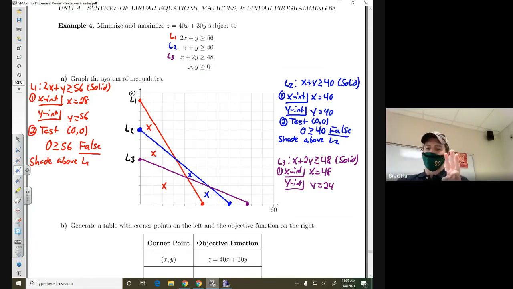So now we're left with two regions. We're left with 2 remaining regions. One up here and one down here. So let's figure out which one is which. For the last line, we'll test 0, 0 yet again. So this is 0 is greater than or equal to 48, which is a false statement. Once more, we shade, as a result, we shade above L3.